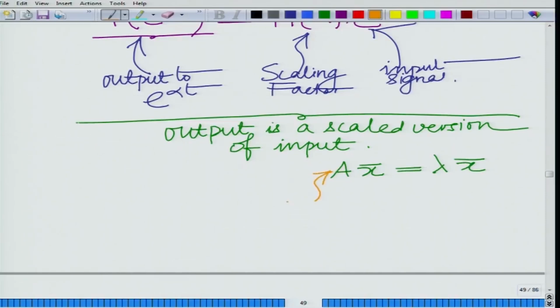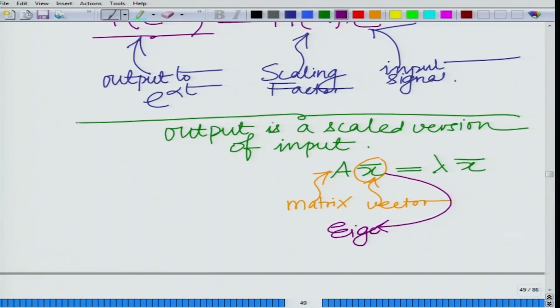So, this is a matrix, this is a vector, and a vector satisfying this property is termed the eigenvector, which means that A times x bar, the input to the transformation characterized by A, is simply lambda times x bar, a scaled version of x bar.